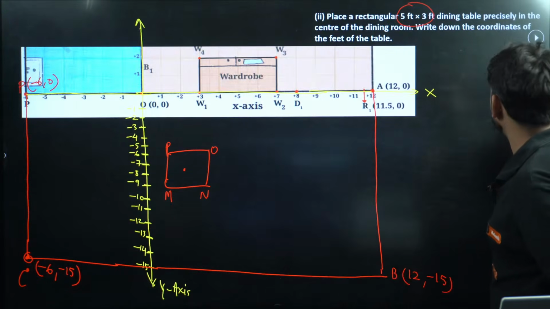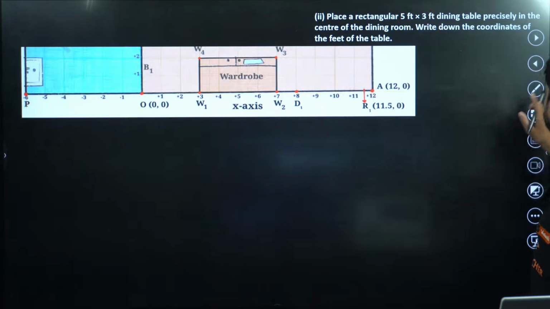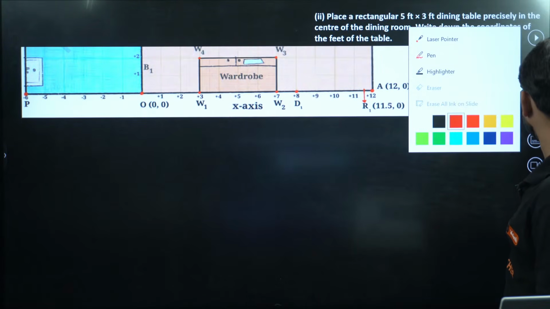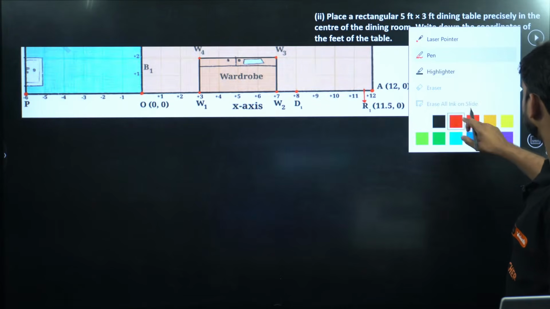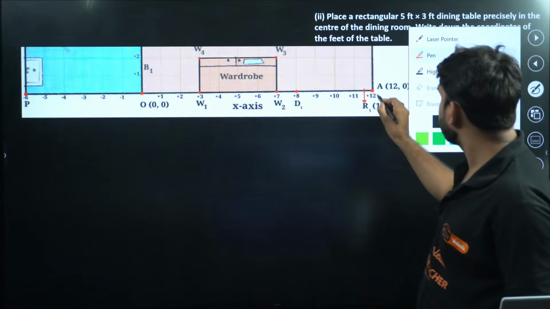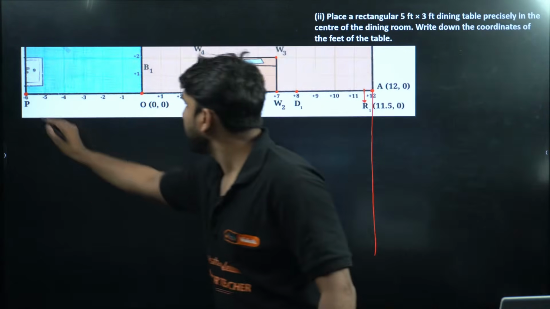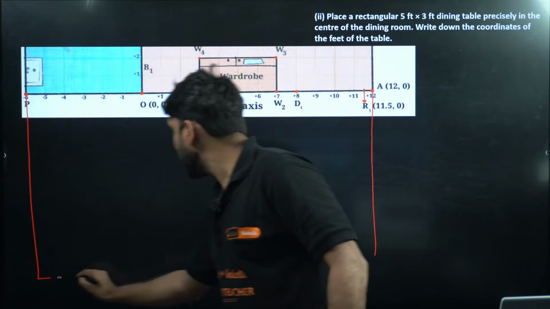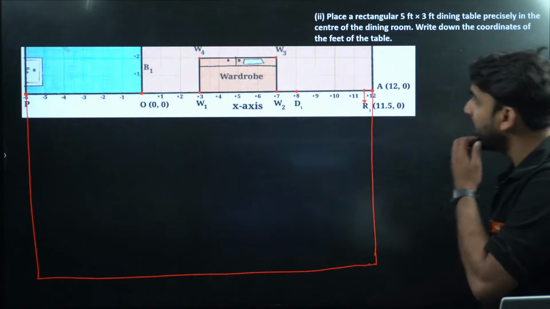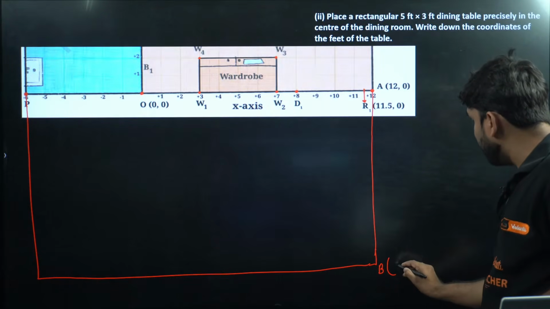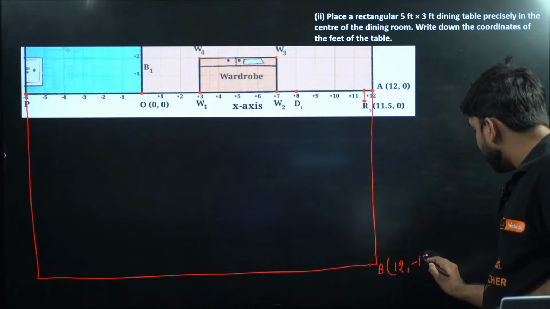So let's look at the calculation, my dear champions. Okay, so this is the dining room, and this is P, so this will be B and the coordinate of B will be 12 comma 15. Why?